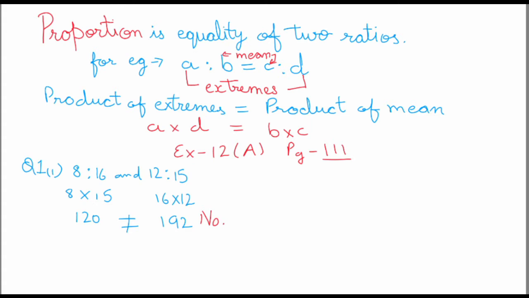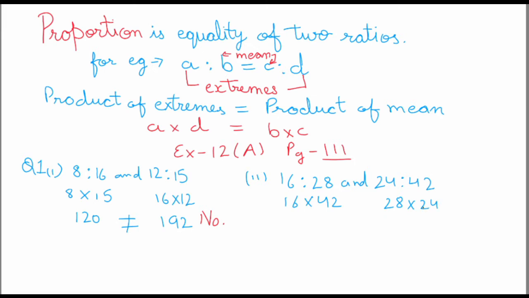Coming to the second question, what is the second question saying? 16 is to 28 and 24 is to 42. Now the extremes are 16 multiplied with 42 and 28 multiplied with 24.